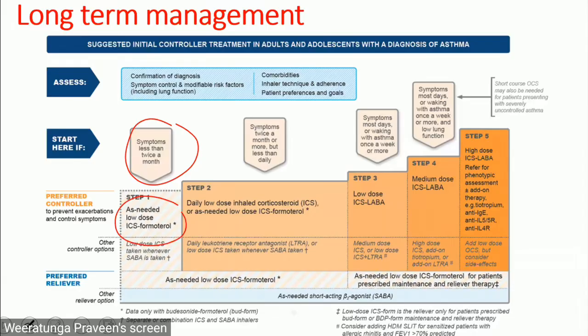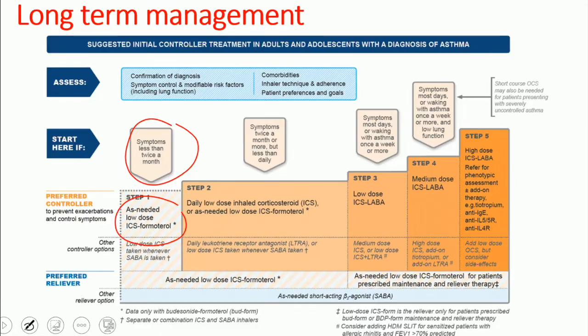It's an ICS LABA combination, but a special one because it's called MART, maintenance and reliever therapy. It can be used as a reliever medication as well as a preventer medication. So as-needed ICS formoterol combination.